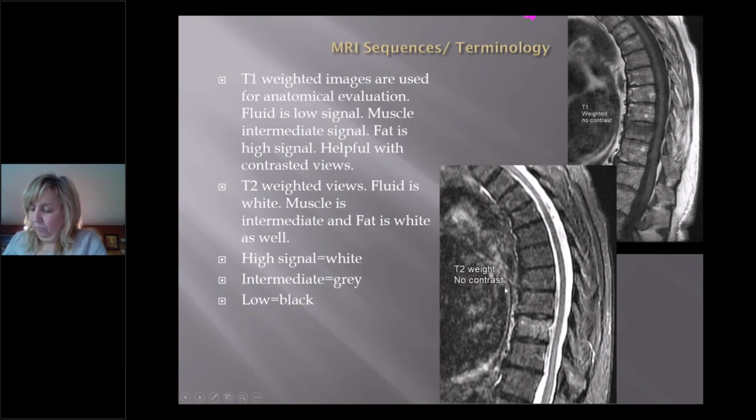Now, the one thing that is kind of easy about these is when there's inflammation or swelling or bleeding, on T1 weighted imaging, it's going to be dark. So if we look at these vertebral bodies, we see this dark line through here. And then the same MRI on T2 weighted imaging, we see this white signal in here.